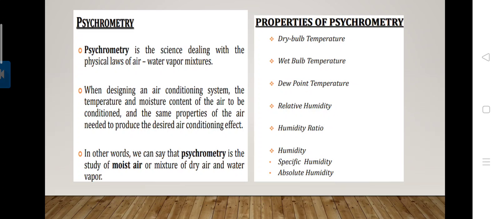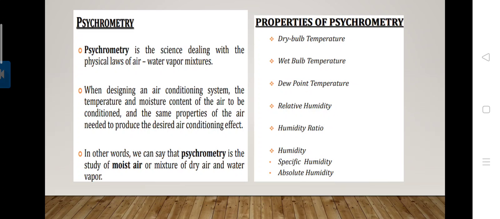In saturated air, the water vapor present in air is known as moisture and its quantity in air is an important factor in all air conditioning systems. The mixture of air and water vapor at a given temperature is said to be saturated when it contains the maximum amount of water vapor that it can hold.